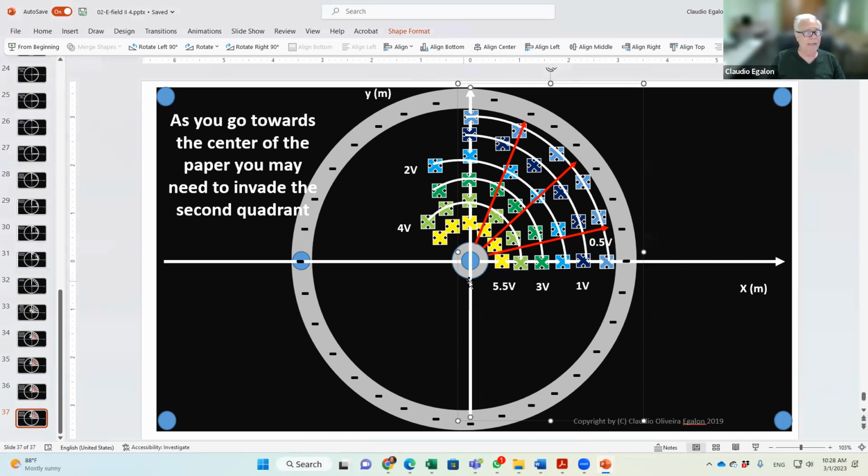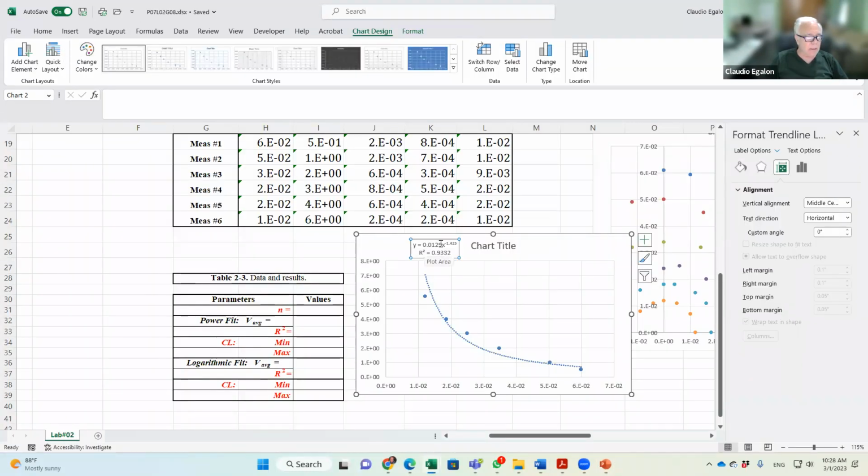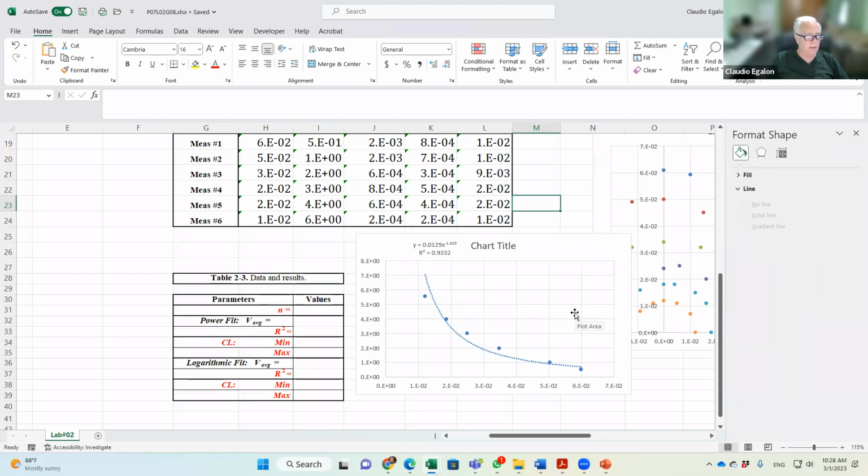In reality, what this distribution is all about is a cylindrical distribution of charge. Okay, you have a cylinder coming out of this page and another hollow cylinder surrounding the other one. That's why we are not getting a good curve fit for the point charge.